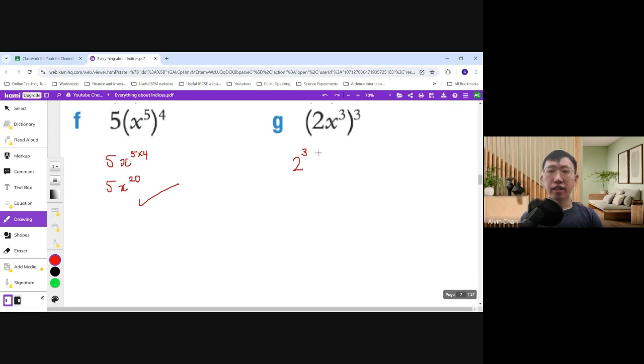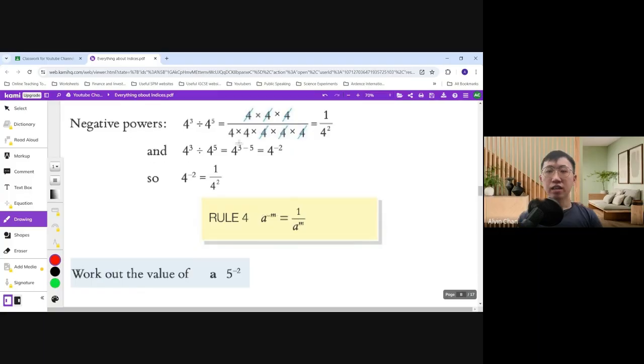Then get your x to right beside. Now you have powers raised against each other. 3 times 3. Continue to bring your working downwards. 2 to the power 3 is 8. X copy, and you're going to get 3 times 3, 9. So this is exactly that. Make sure you learn thoroughly. They are different. Whether the numbers are in the bracket or not, they are going to be different.